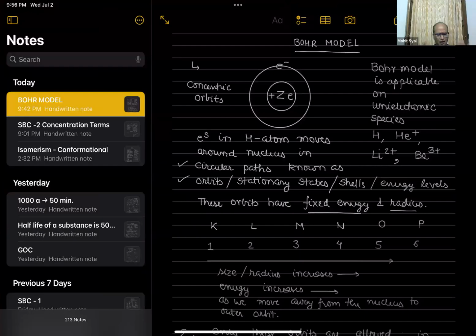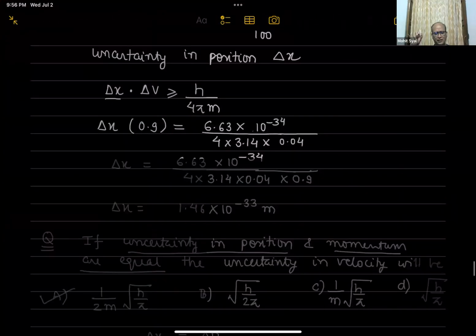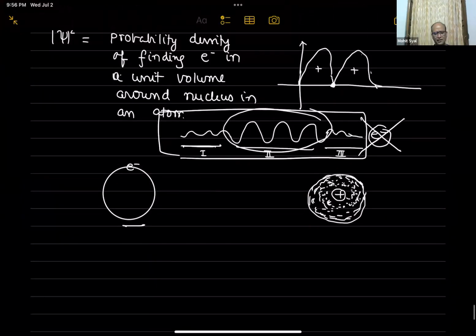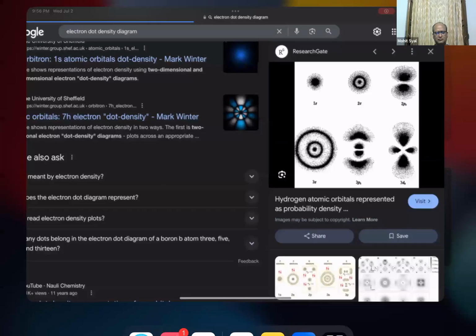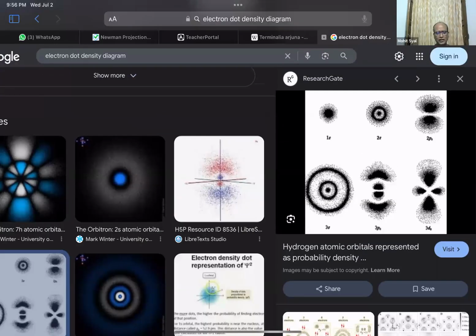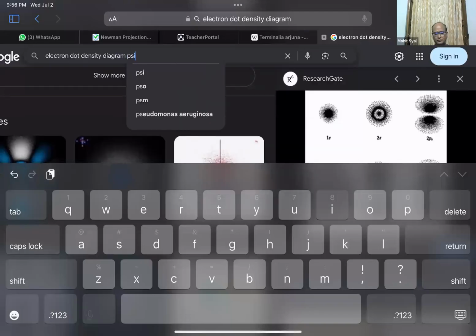So what is this electron wave? Normally we represent it in a very basic way, but actually it is not a basic rope or thread kind of wave. It's a three-dimensional wave. Psi is the wave function, which is an equation. Psi can have very complicated equations, so you don't need to get into them.